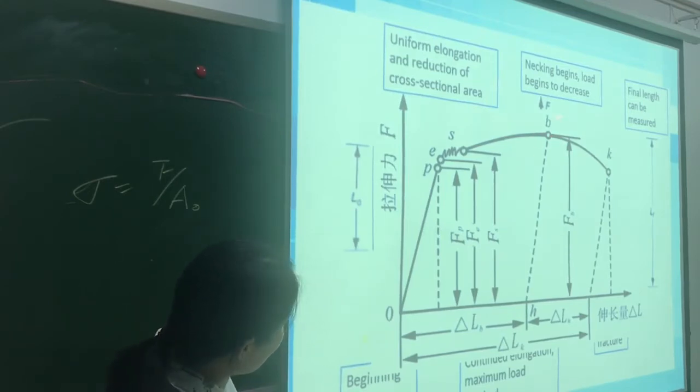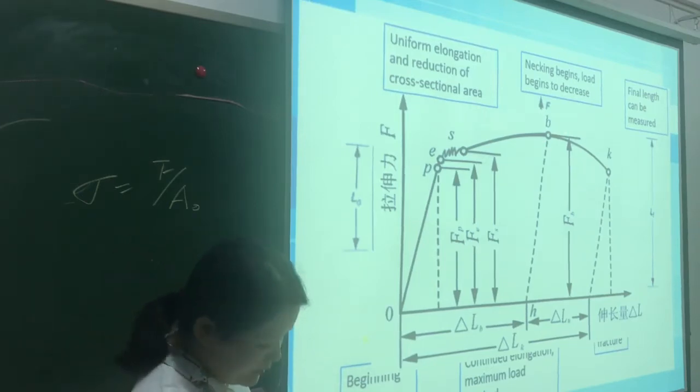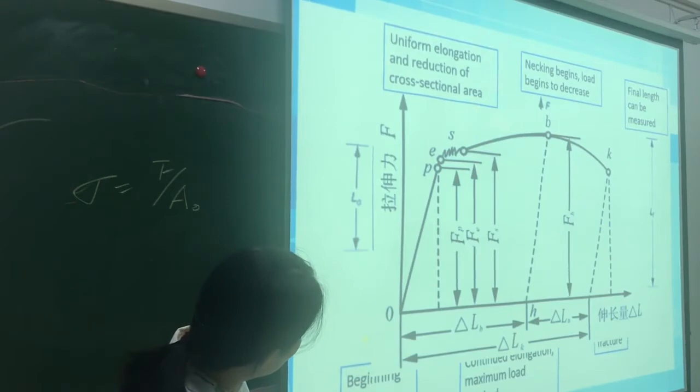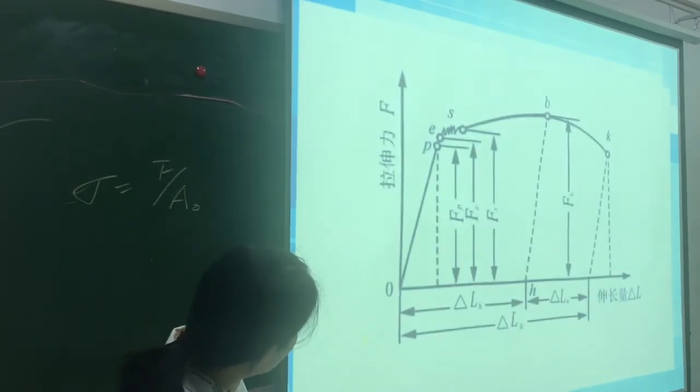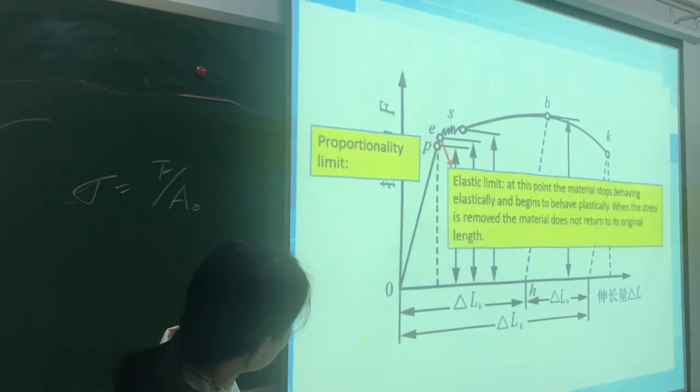Point P is the proportionality limit. Point A is the elastic limit.